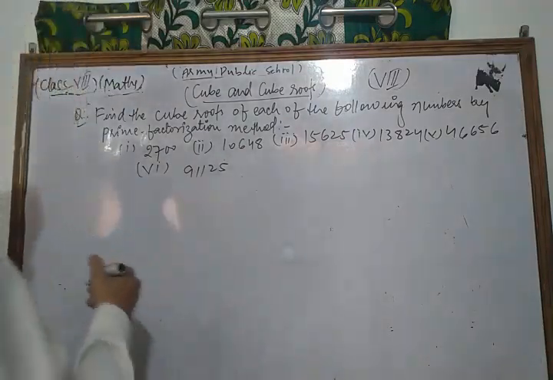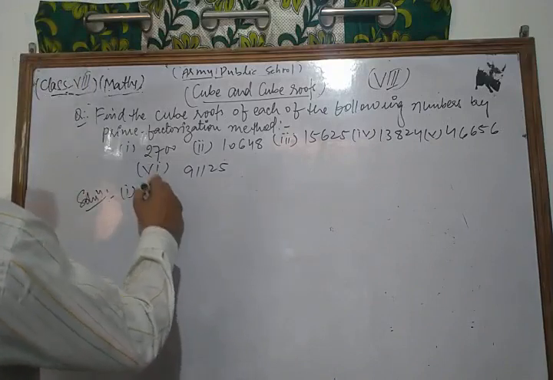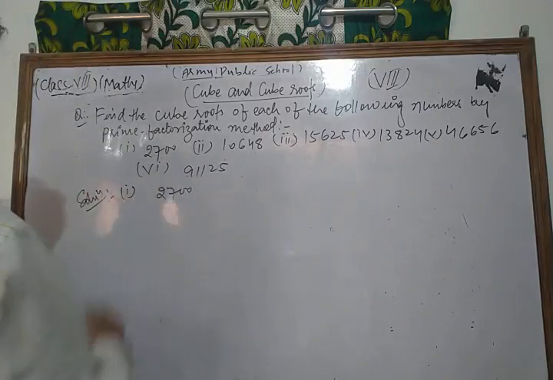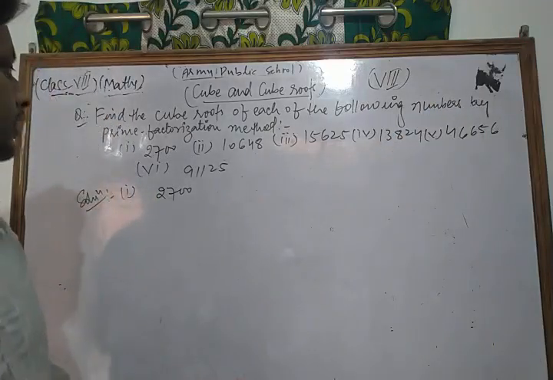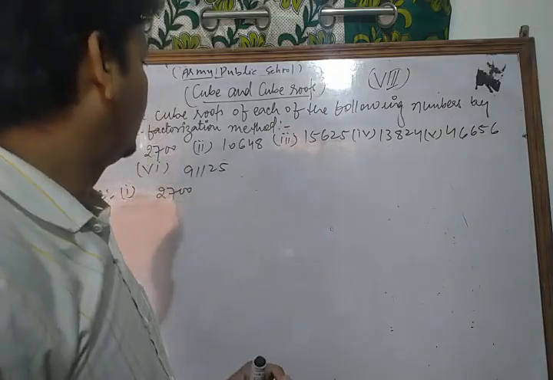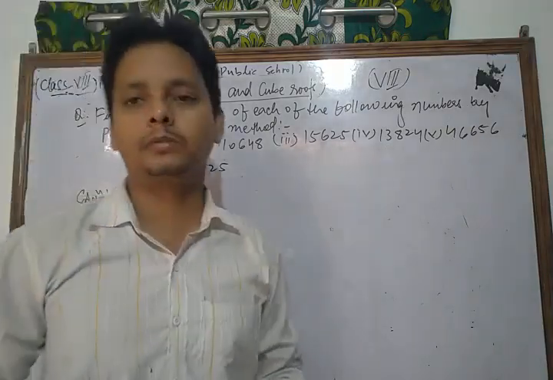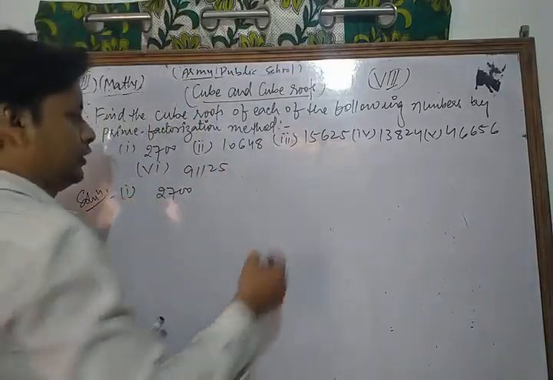Now let's see the solution one by one. First of all, we take 2700 and find the cube root of the given number. For finding the cube root, we use the prime factorization method. So first of all we do the prime factorization.